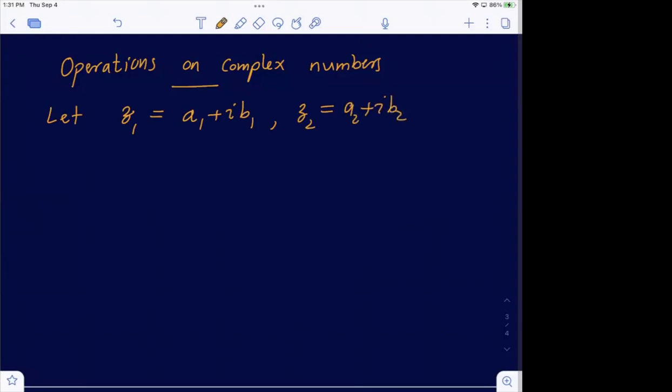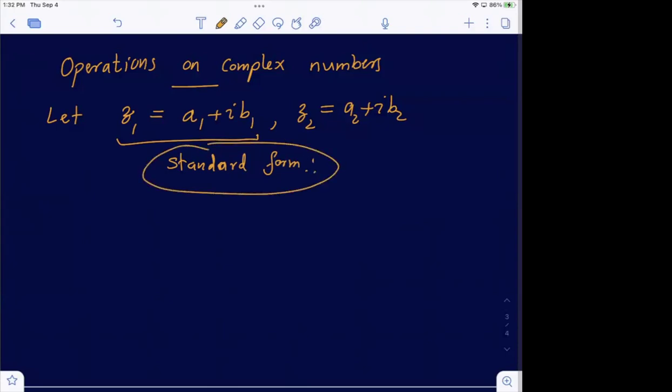Whenever I write complex numbers in this form, it is called the standard form of a complex number. Keep that in mind. I'm not going to keep writing this in the middle of our arithmetic operation definitions, but remember that there are other representations.